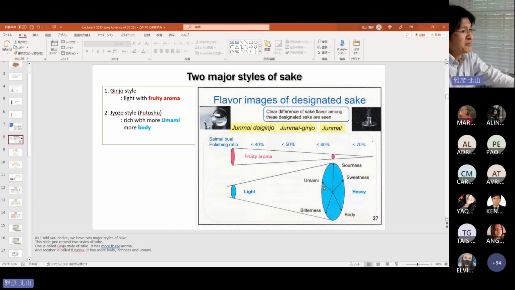They liked more umami, more body, and sake with more sourness, sweetness, or bitterness. But these days, people prefer sake in this style: not much body, but more fruity aroma, floral aroma. So this is the ginjo aroma.